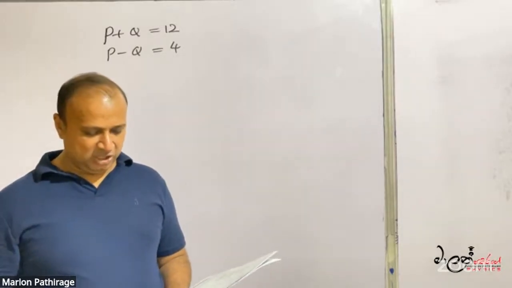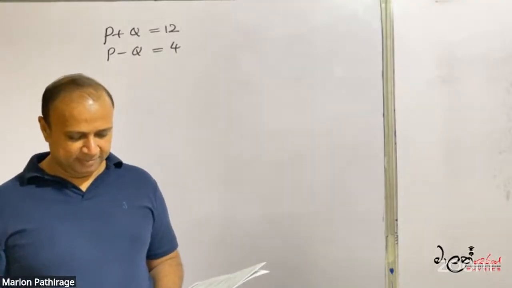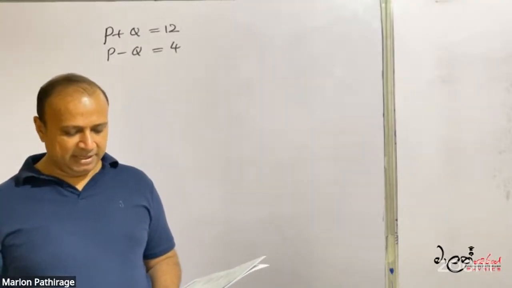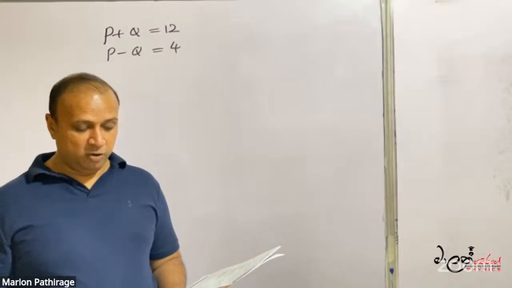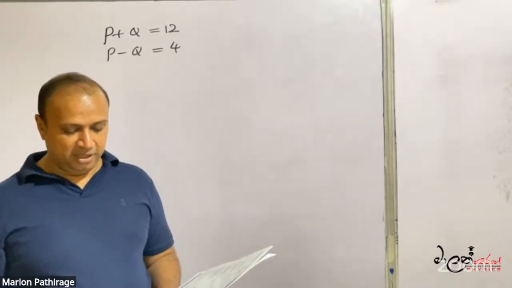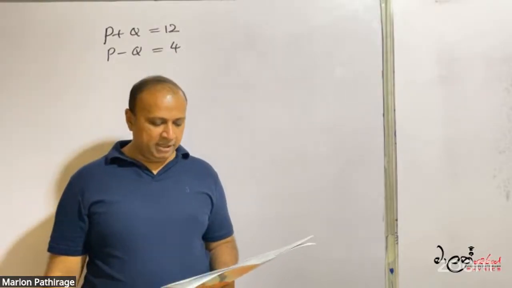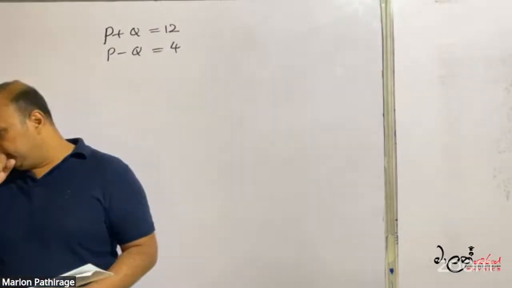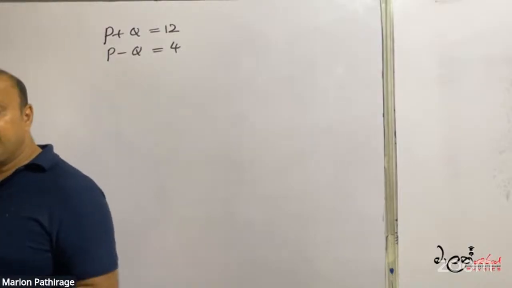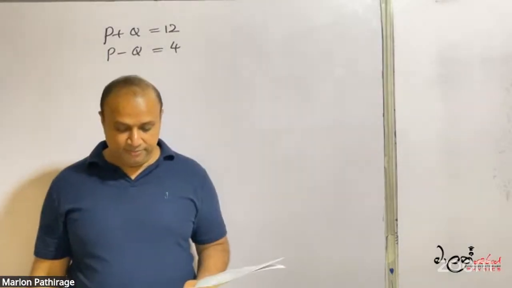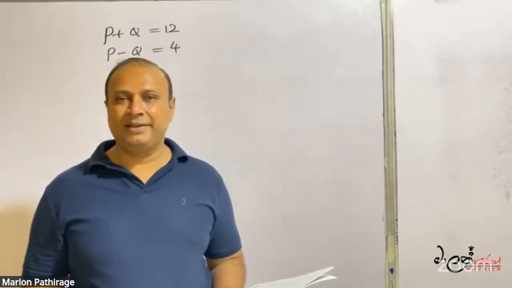Question number 42. A particle is simultaneously pulled by two forces, 3 Newton and 4 Newton. The net force on the particle is?